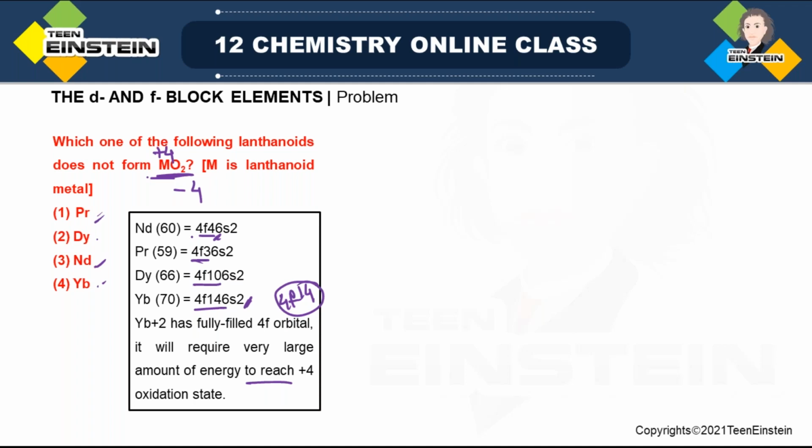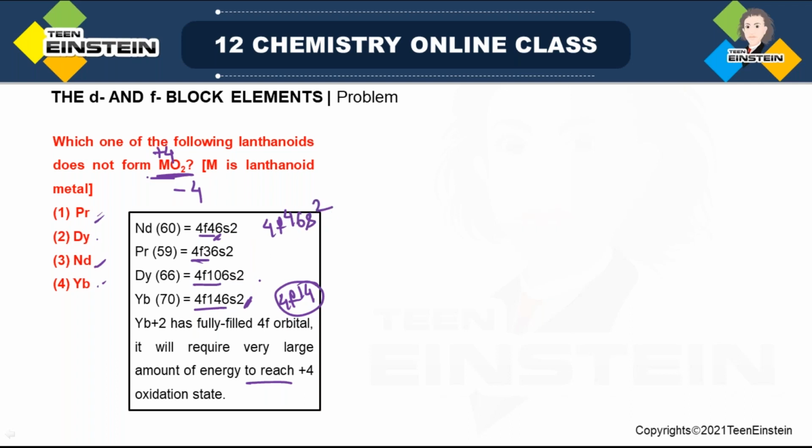So that is the reason +4 oxidation state we cannot achieve. Okay, so which option will be correct? Any idea? Sorry, it is 4f4. Yes, it is fine. It is 4f4 6s2.